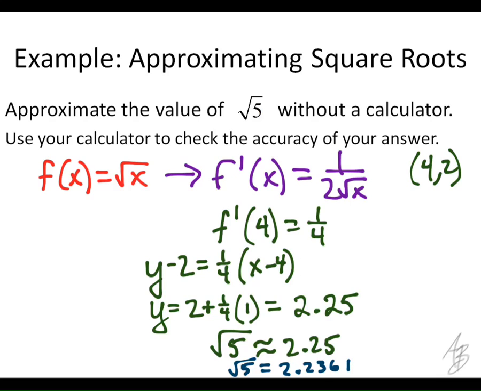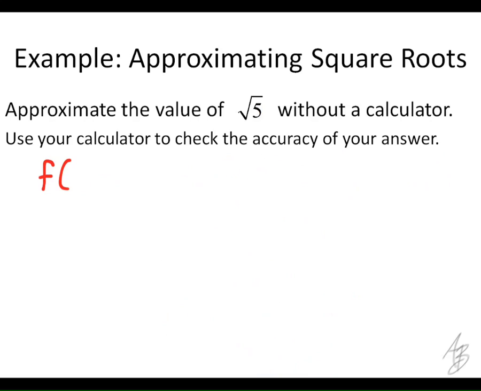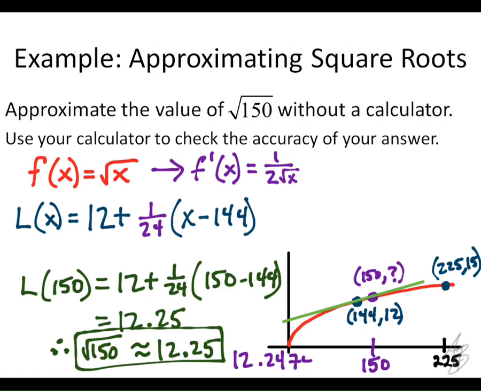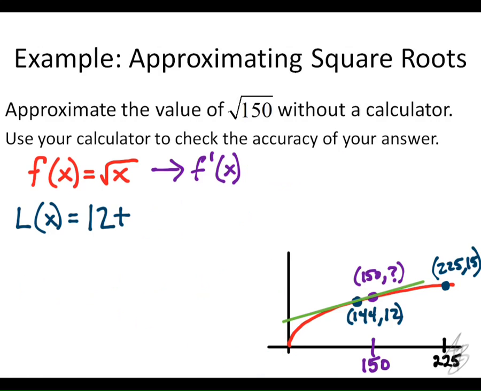Now, I think that's interesting because 5 is closer to 4 than 150 was to 144, right? So let me put the graph up here, and I'm going to just go back to our last slide here.